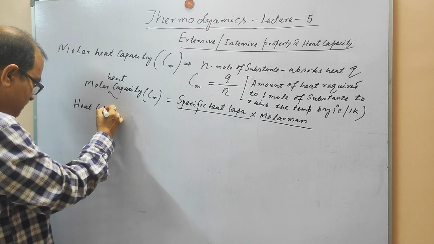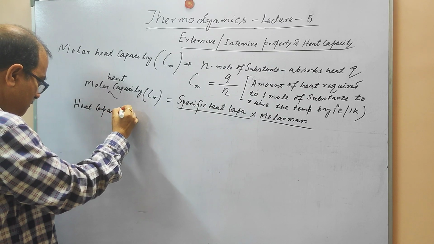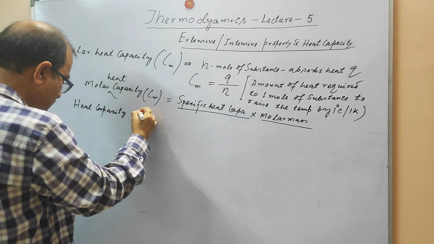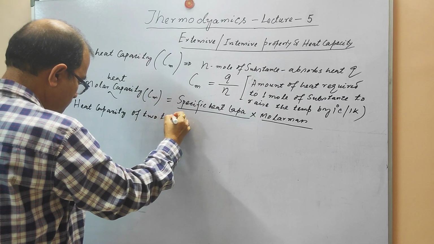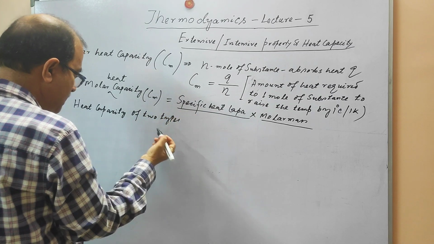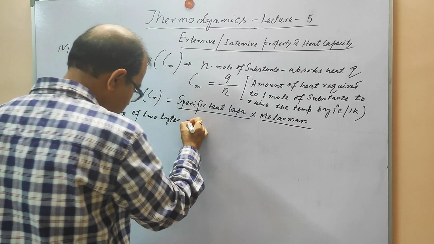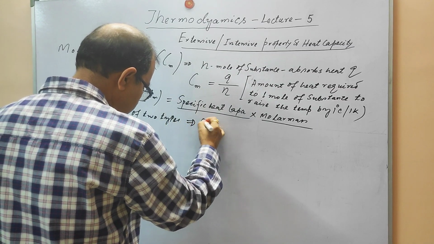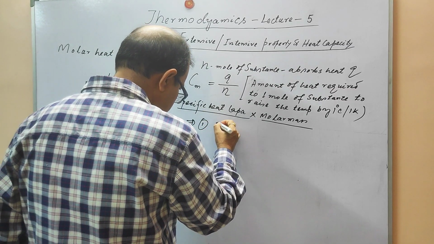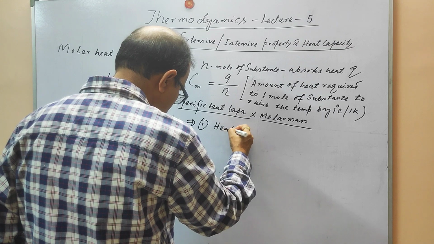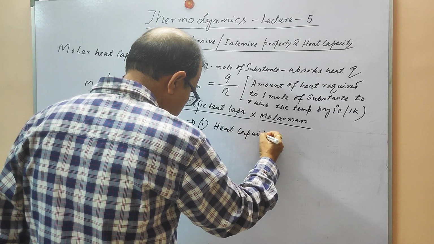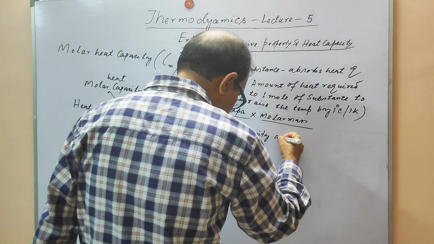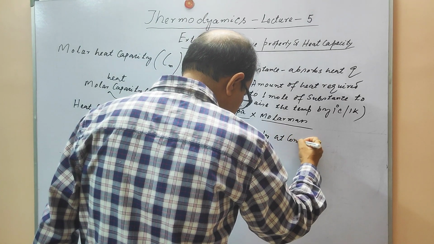Heat capacity is of 2 types. What are the 2 types? Number 1, the heat capacity at constant volume.